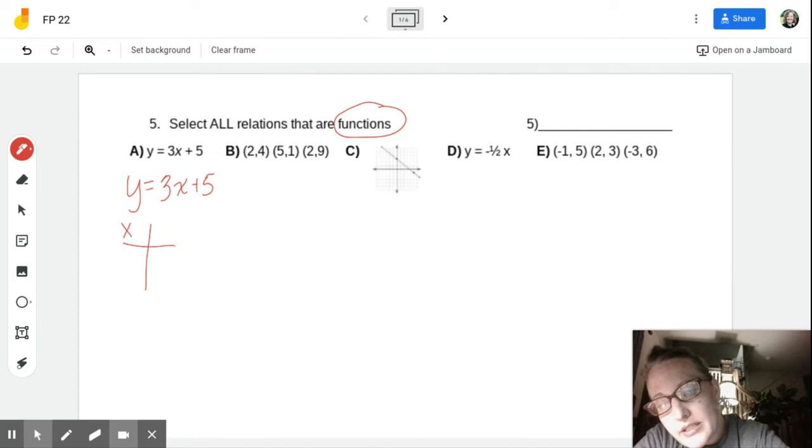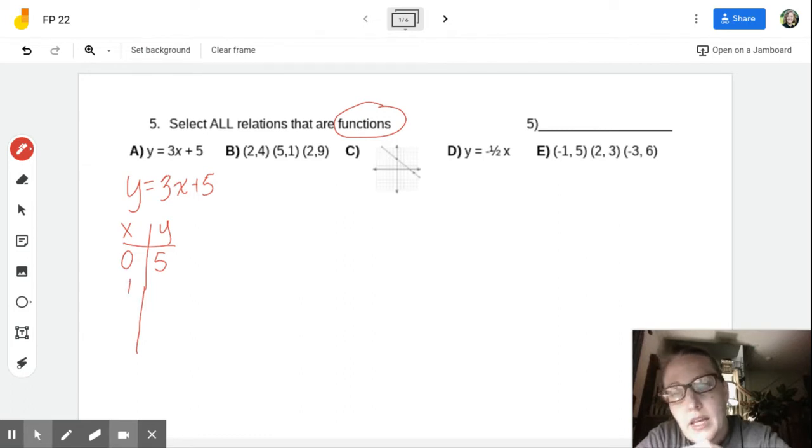Let's start easy. If I put a 0 in for x, 3 times 0 is 0 plus 5 is 5. And then if I put a 1, 3 times 1 is 3 plus 5 is 8, right?